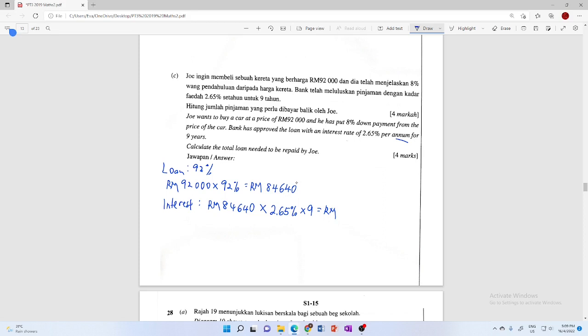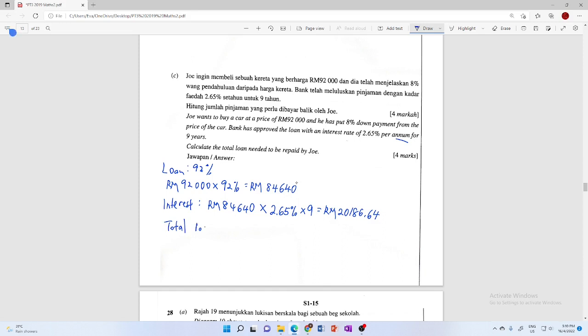and the interest will be 20,186.64. So he borrowed 84,640 and need to pay the interest of 20,186.64. It's only the interest, and the total loan you need to pay back.